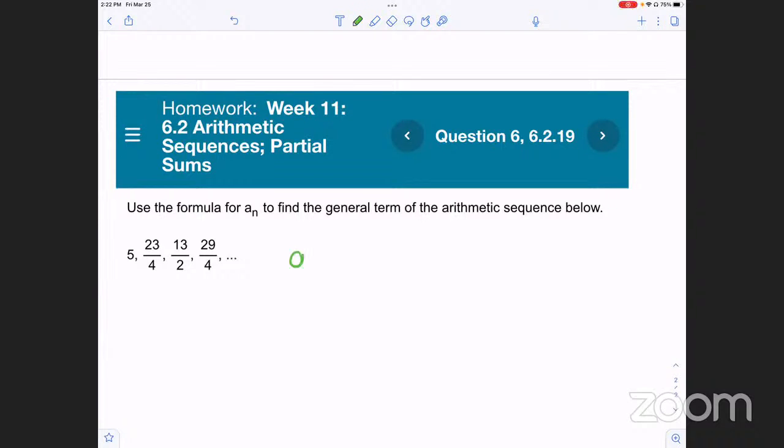The general term of an arithmetic sequence is going to be a1 plus n minus 1 times d.